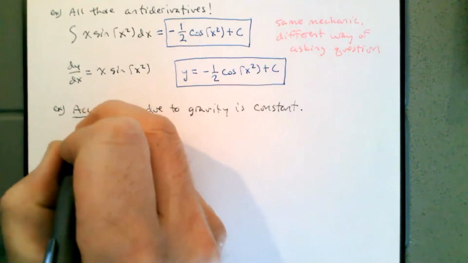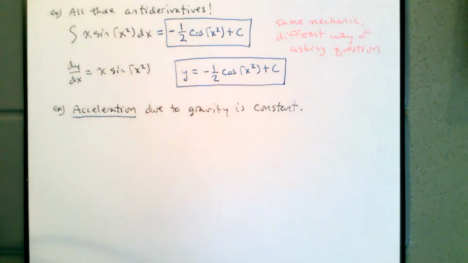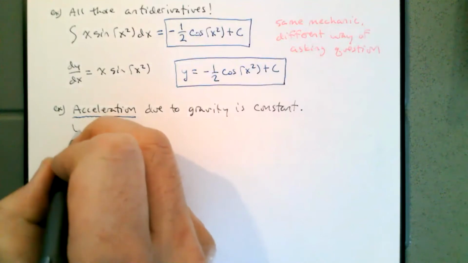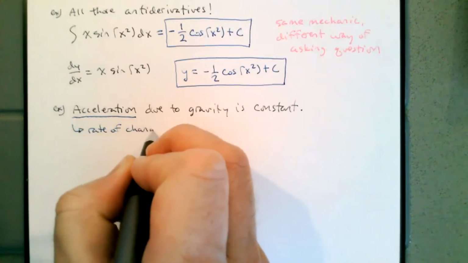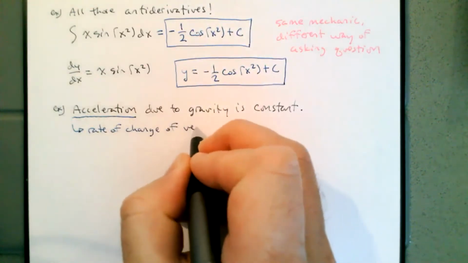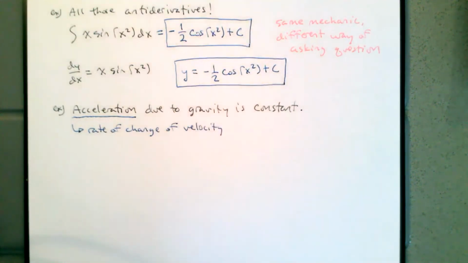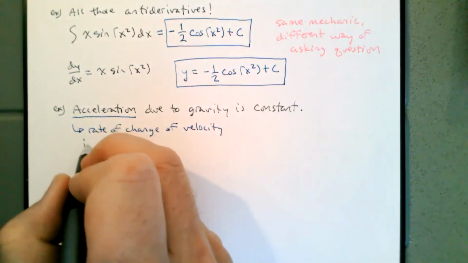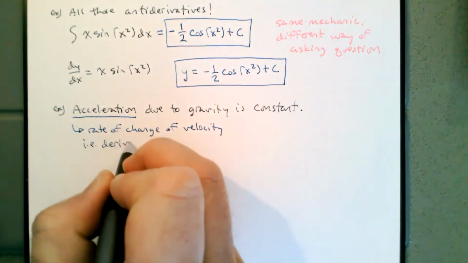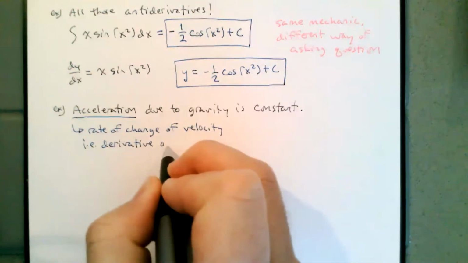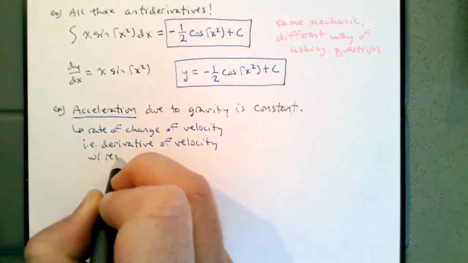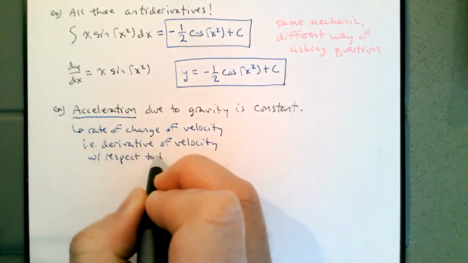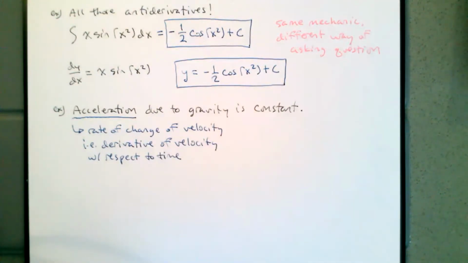So acceleration is the rate of change of the velocity, so that's the derivative of the velocity with respect to time.